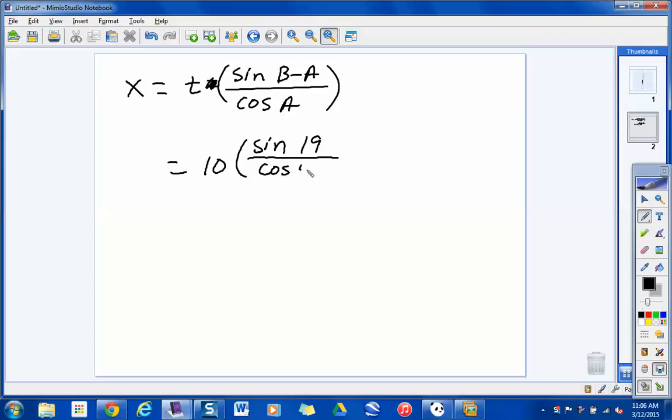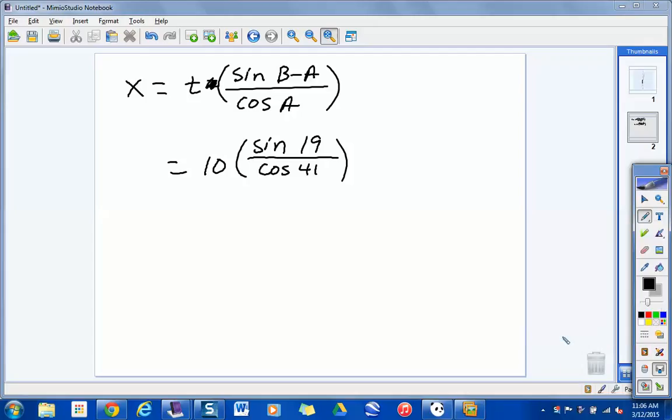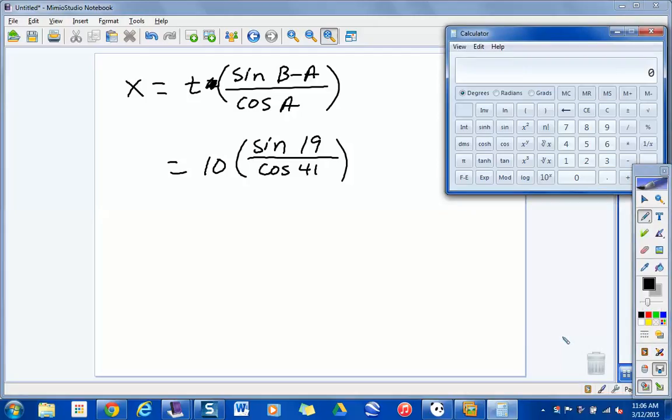So let's go sine of 19 degrees, divided by cosine of 41, is that right?